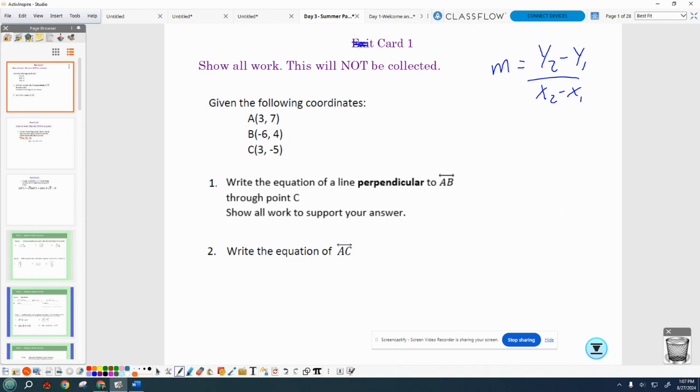So for the slope of AB, label your work somehow. Say the word slope of AB, or AB sub m. Give an indication of what that floating arithmetic on your paper is. So y minus y over x minus x. But how do you know which one is x1 and which one is y1?